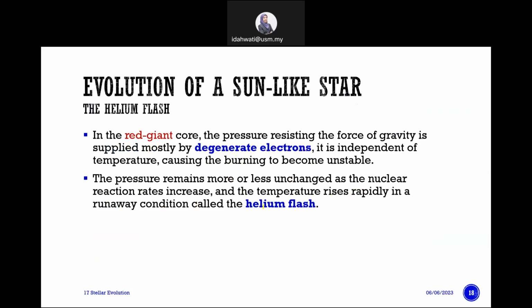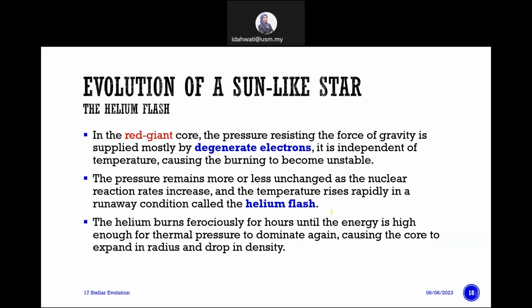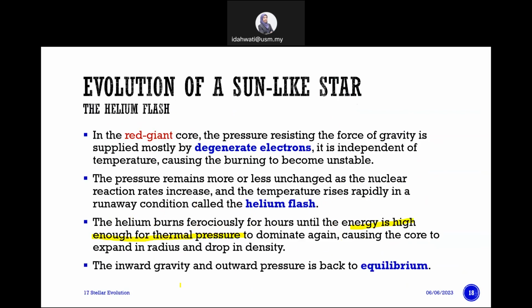This condition is called the helium flash. The helium burns for hours until the energy is high enough for thermal pressure to dominate again, and the inward gravity and outward pressure are back to equilibrium.